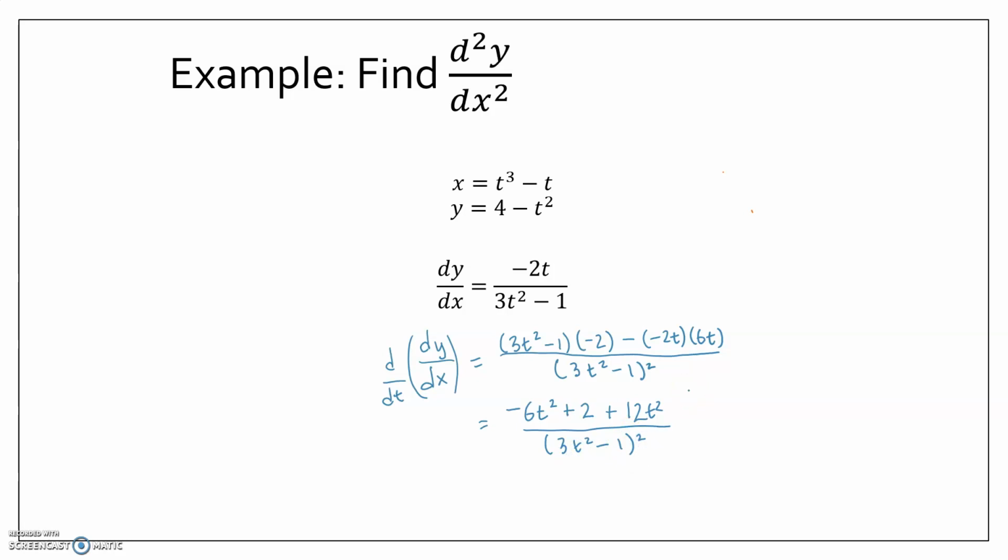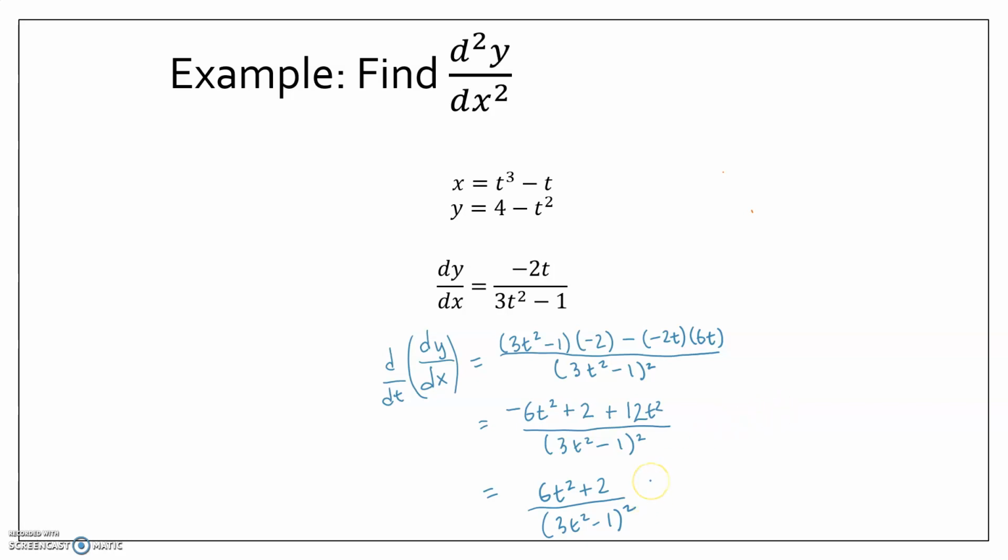Oh, I can do a little more simplifying. Now, it is tempting to call this your answer because you took a second derivative. You feel like you're done, but we took a second derivative with respect to t, and we want the second derivative with respect to x.